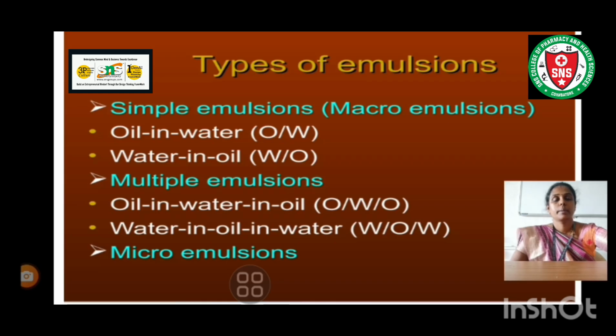One is oil in water in oil, that is oil mixed in water and again with oil. Then water in oil in water, that is water mixed in oil and again in water. Both are known as multiple emulsions because they consist of three phases. Then next is micro emulsion.